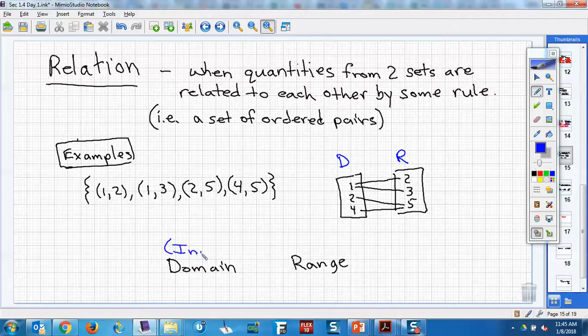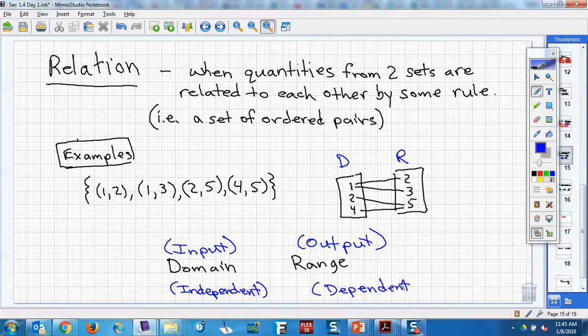Now sometimes I will talk about input and output. Okay, domain and range, input and output, those are somewhat interchangeable. This is typically also sometimes known as the independent variable and the dependent.